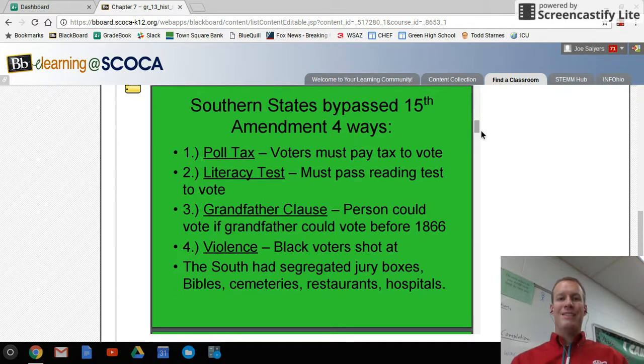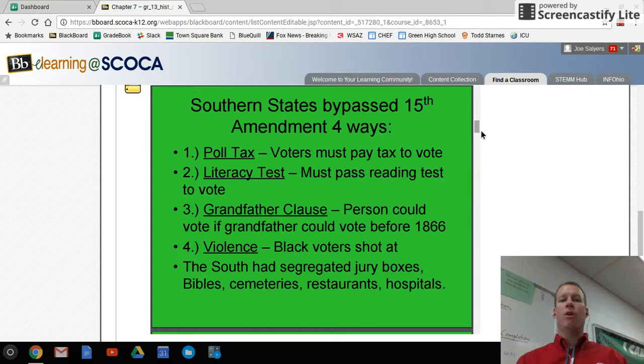Number two, they would give literacy tests. These were tests to see that you could read or write. If you couldn't pass the test, you couldn't vote. Again, African Americans had not had education for generations, so many could not read. Southerners knew this, and so they put the literacy test in place to keep them from voting. We have what is also called the grandfather clause. It said a person could vote only if their grandfather could vote before 1866. Obviously, no African American's grandfather could vote before 1866 in the South because they had been a slave.